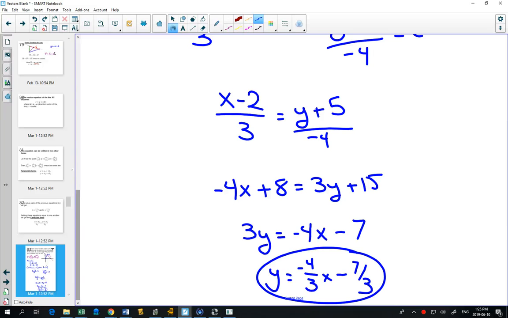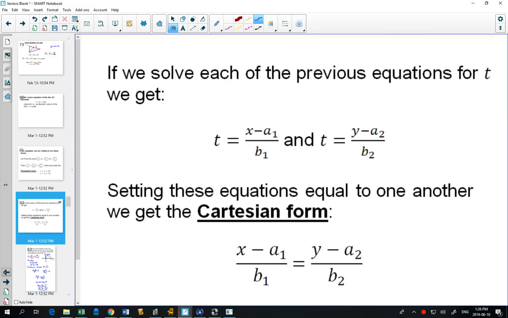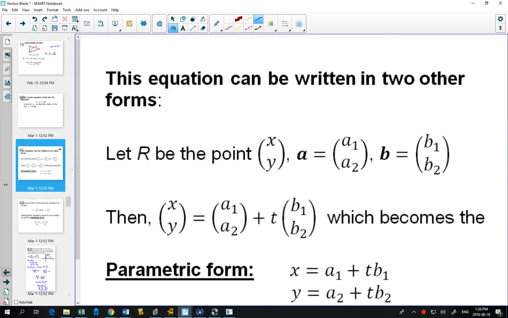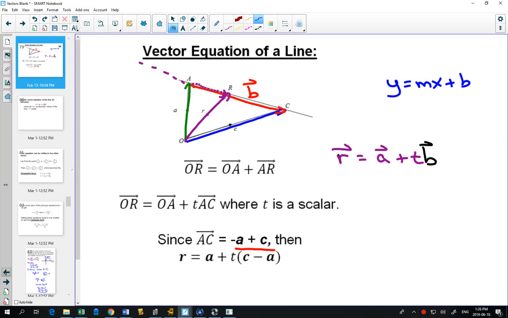But what's really nice about the vector form is you can start with any point as long as you have the point and the direction vector. So in a lot of ways, do you remember this equation of a line?